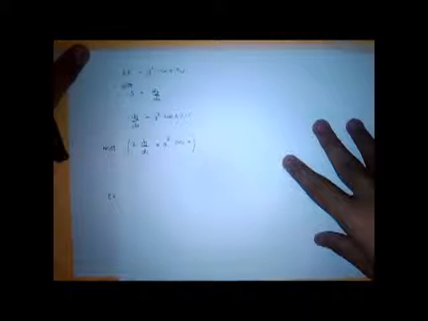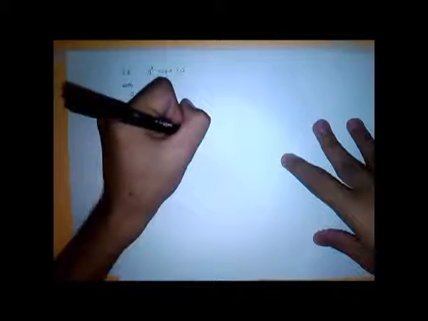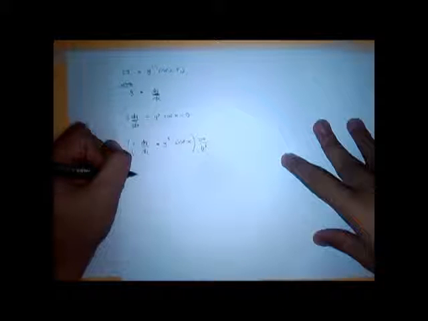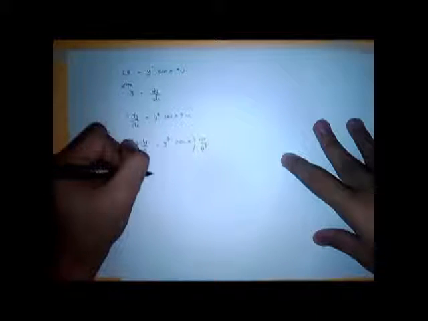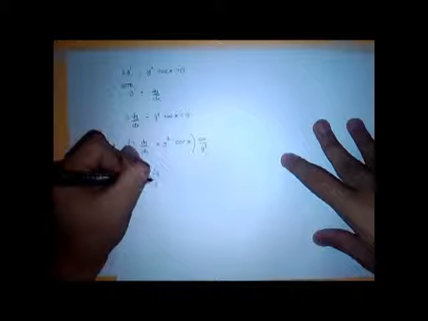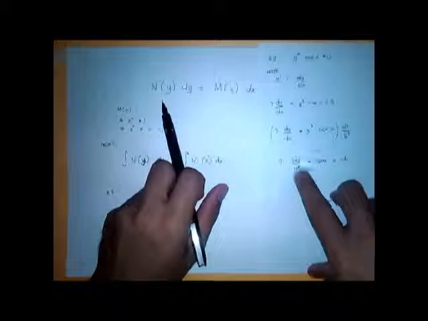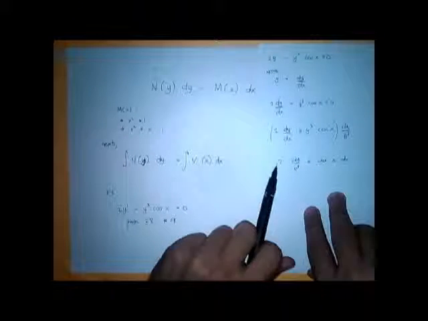The next thing is to separate all variables, so we have to multiply by dx over y cubed. So we can write the form as 2 dy over y cubed equals cosine of x dx. Now take note that this equation is already in this form, right? That means this is already a separable differential equation.